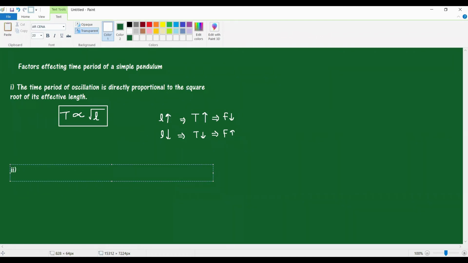The time period of oscillation is inversely proportional to the square root of the acceleration due to gravity.